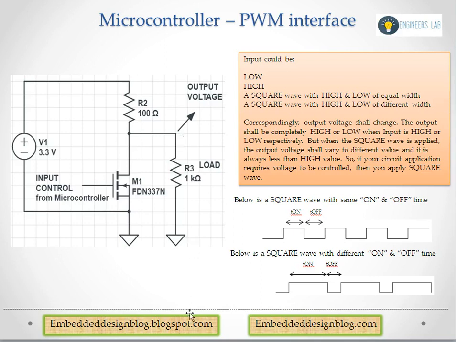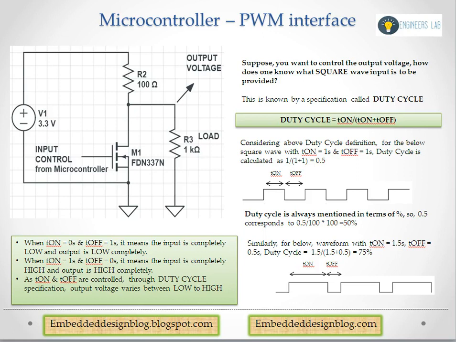voltage. Moving further, as I said, first the microcontroller, or the user who is writing a program for a microcontroller, should understand what needs to be given to the microcontroller such that you generate the required output voltage here.